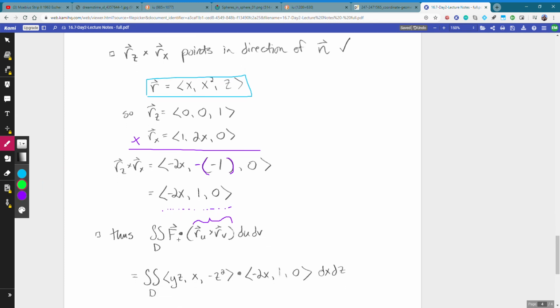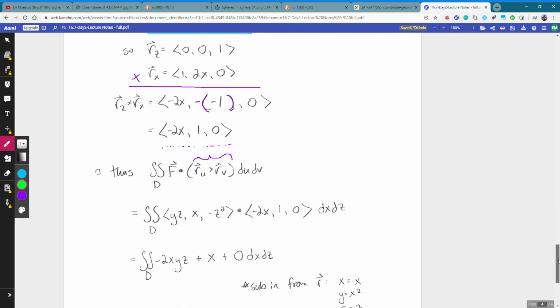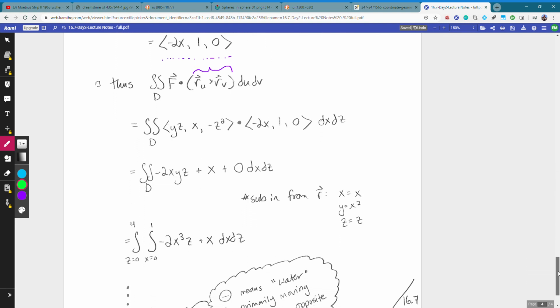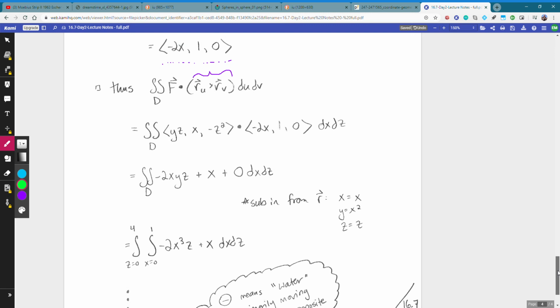Over on the left side of this formula, our vector field finally comes in. We actually haven't been really using that at all up to this point. We just literally replace f with what it equals.